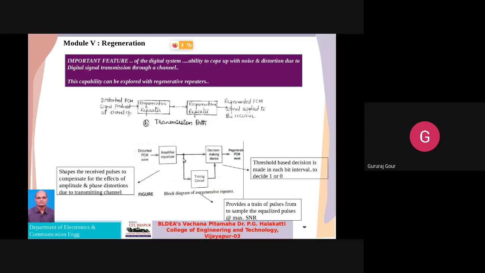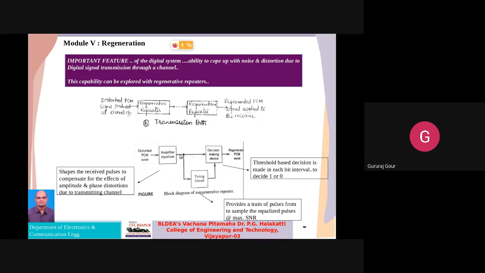So that is taken care of by this equalizer here. The amplifier will see to boosting the power if the power of this train of pulses got reduced. Then the shaping will be done with the help of the equalizer.